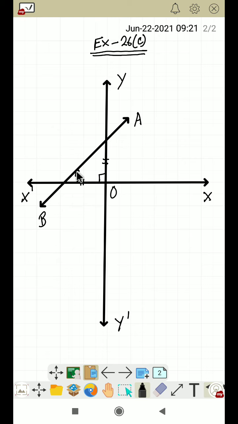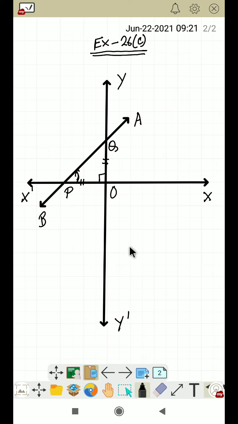Clear? Now because this is 90 degrees and these two sides are equal, if you consider this triangle POQ, you can see that this is an isosceles right angle triangle. In an isosceles right angle triangle, one angle is 90 degrees and the other two are 45 degrees each. So this angle will be 45 degrees.